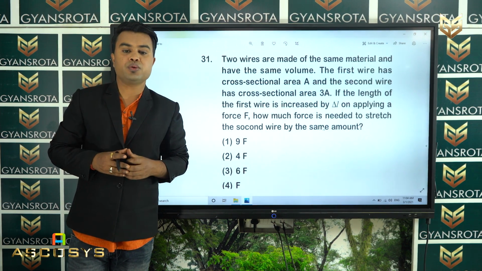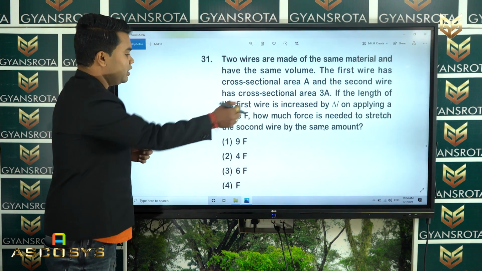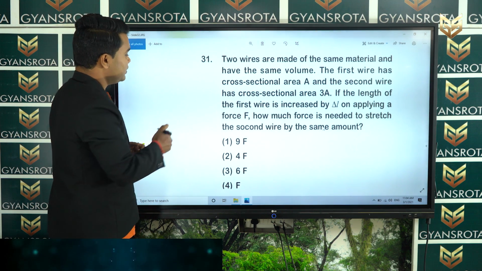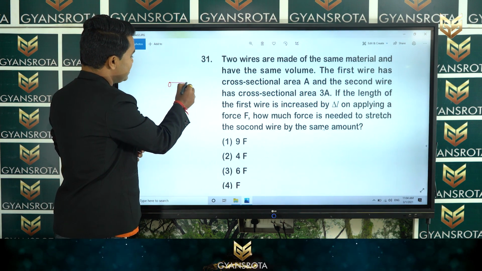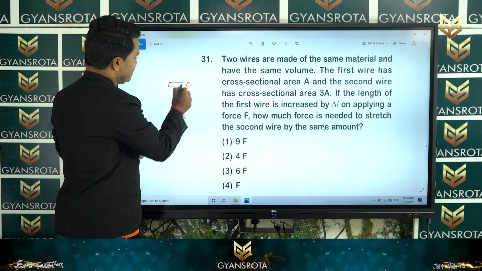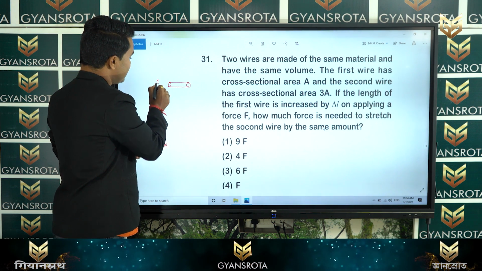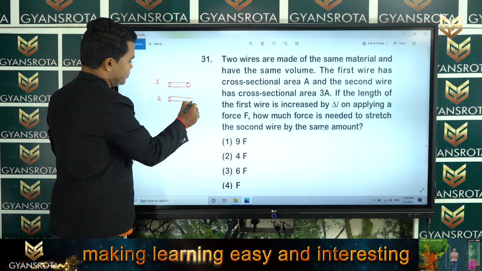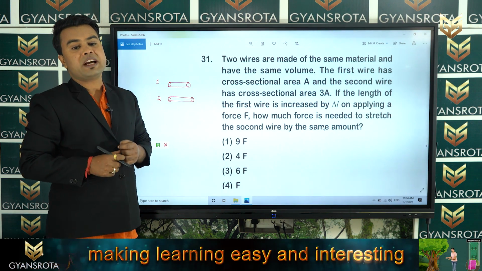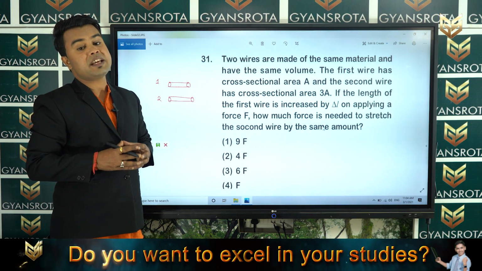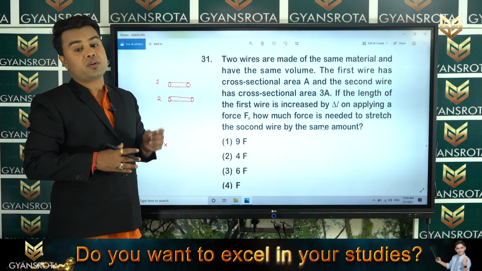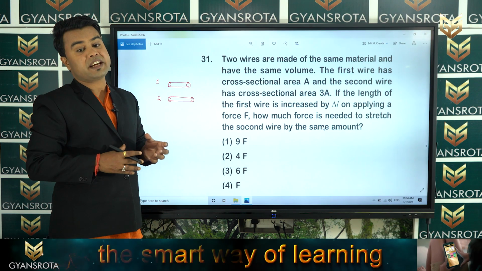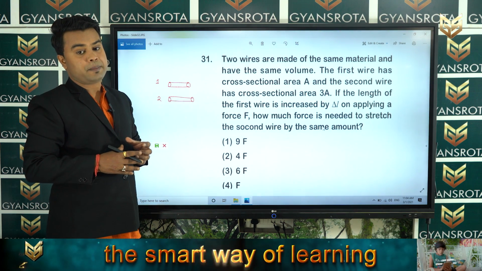Okay, now how you are going to do it, my dear? So, if you can see, at first we have taken wire 1 and let us do another wire 2. Two wires made of the same material have the same volume. The first wire has cross-sectional area A and the second wire has cross-sectional area 3A.